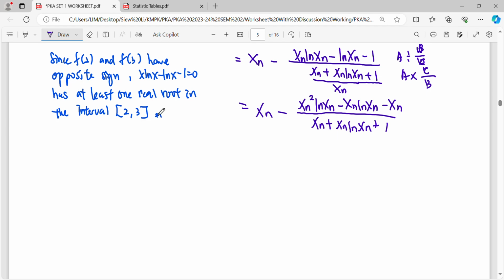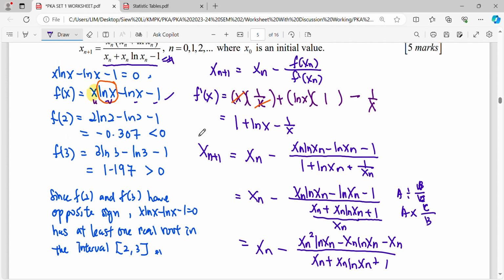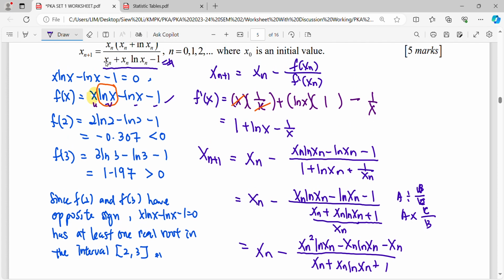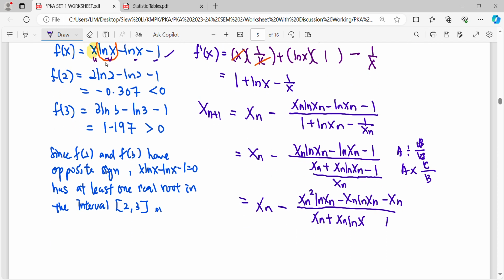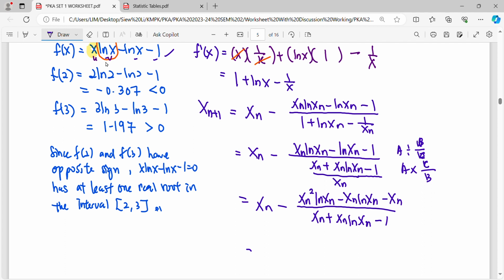Alright, so we need to get the same denominator again. You can notice that your denominator will be similar already. x_n plus x ln x minus 1, minus 1 plus 1. This one is minus.